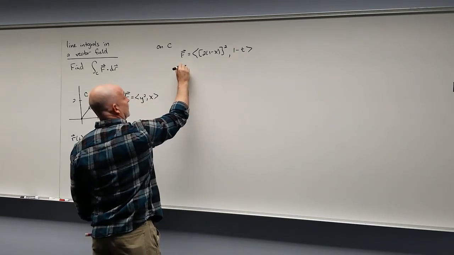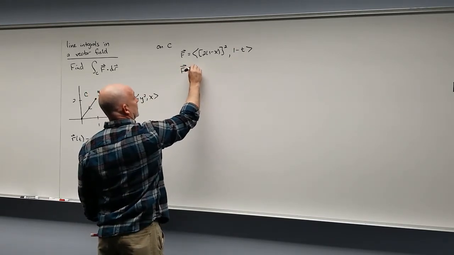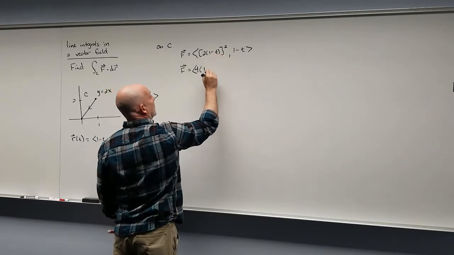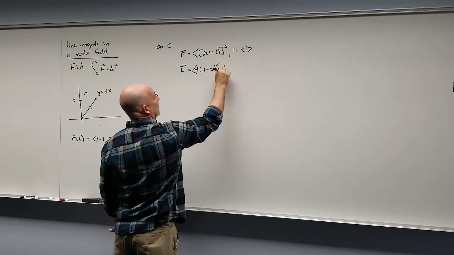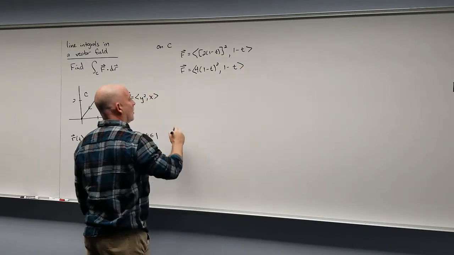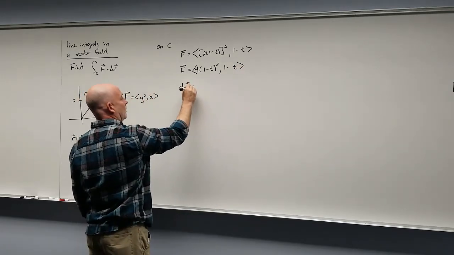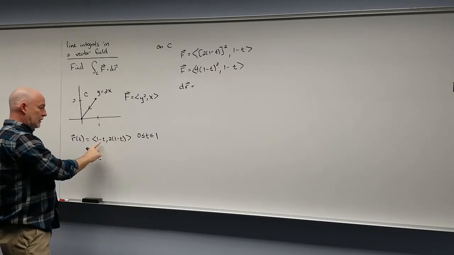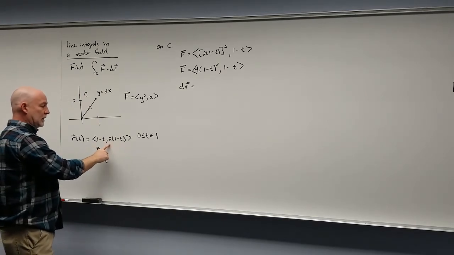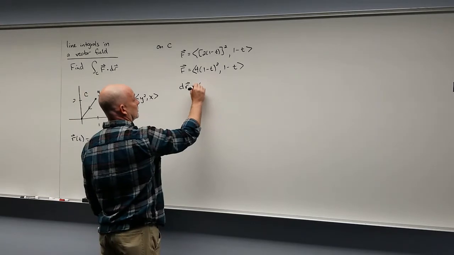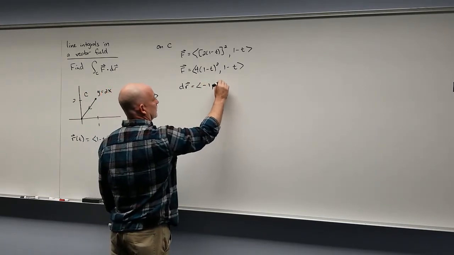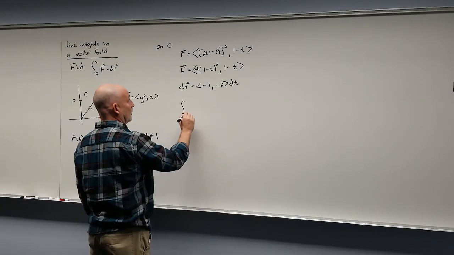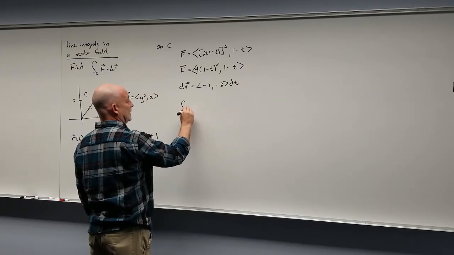So our field on this curve is going to be ⟨4(1 − t)², 1 − t⟩. dr, when we're on this curve, is the derivative of r in differential form. That's going to be ⟨−1, −2⟩ dt.